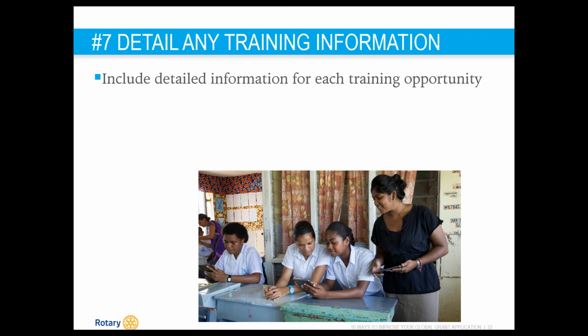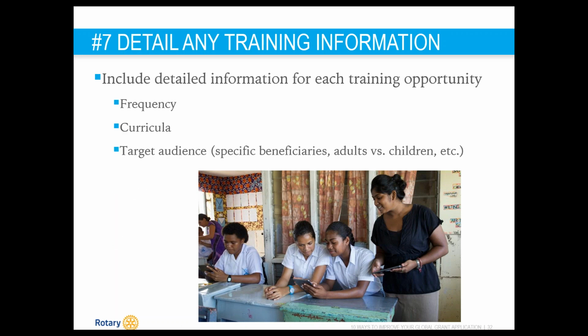Include detailed information for each training opportunity presented in an application, and include frequency, curricula, exact beneficiaries, whether training will be tailored for adults or children, and who will be doing what for the training. Do not answer not applicable to this question. Training is applicable to all global grants.